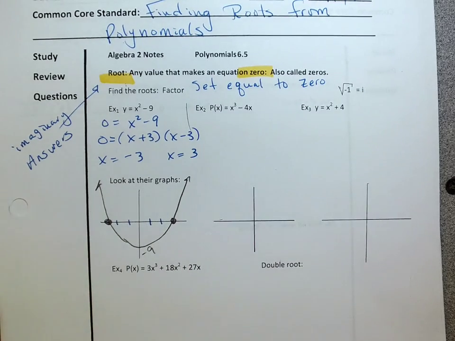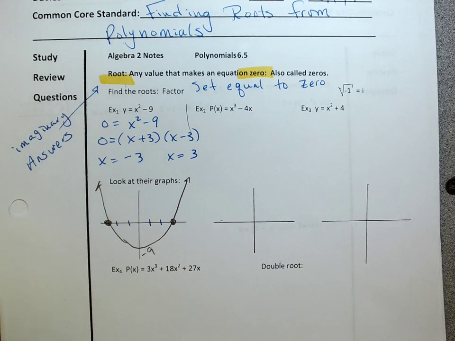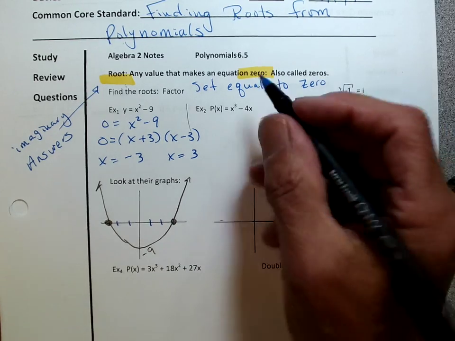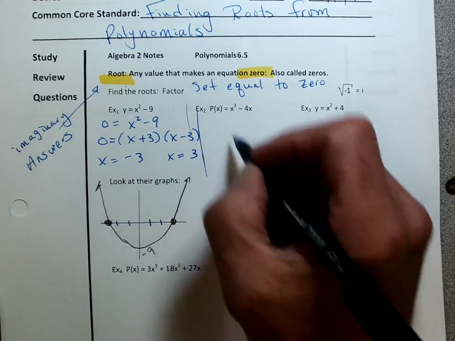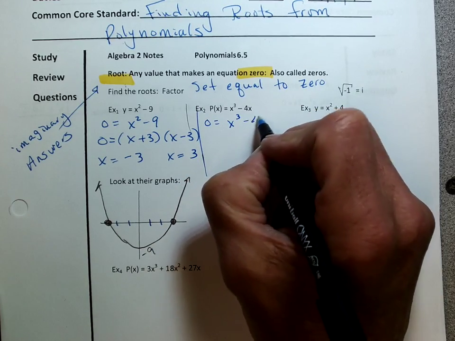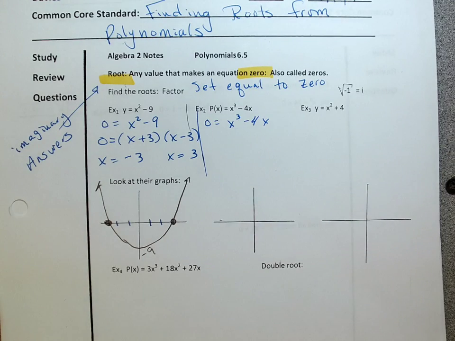So before you even start example 2, how many answers? 3. You guys agree? We have to have 3 answers. So if we were to factor example 2, set it equal to 0. Katie says 3 answers, right?